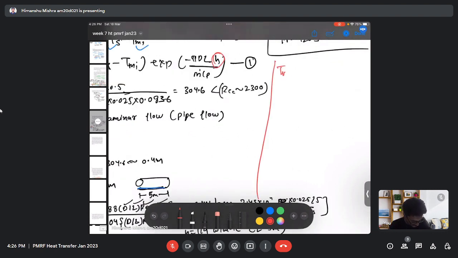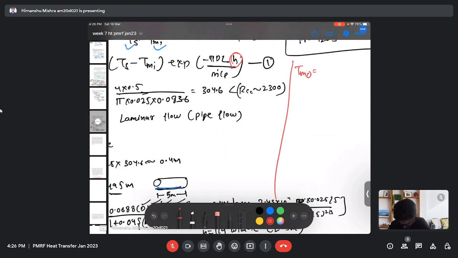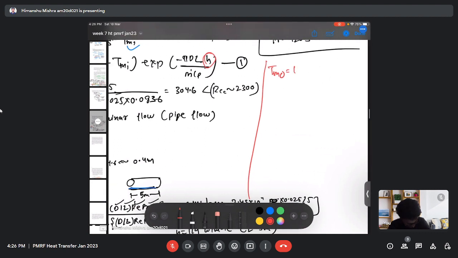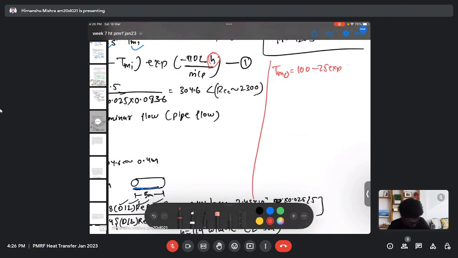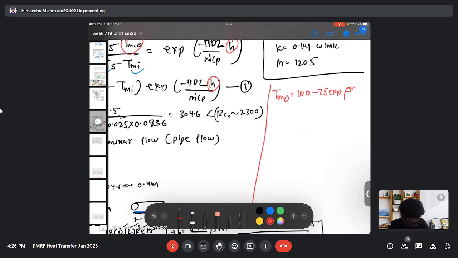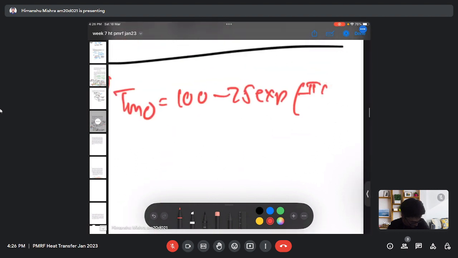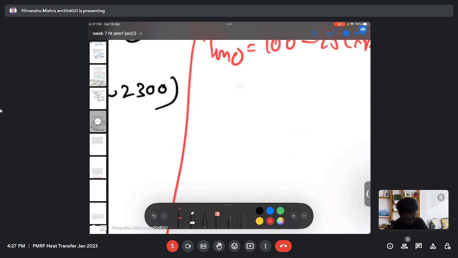So my outlet temperature will be, heat transfer coefficient was 119. So my outlet temperature here is 28.4 degrees Celsius.